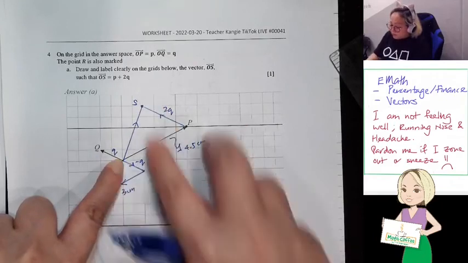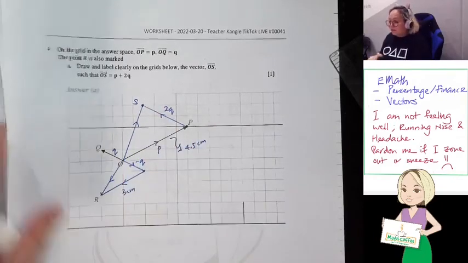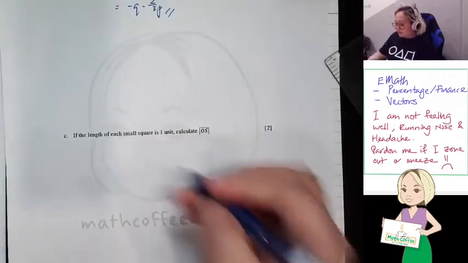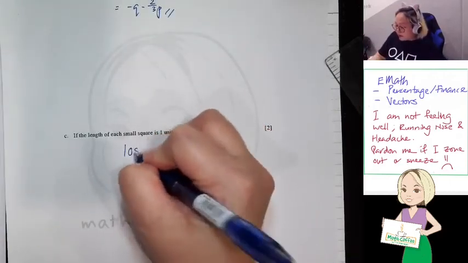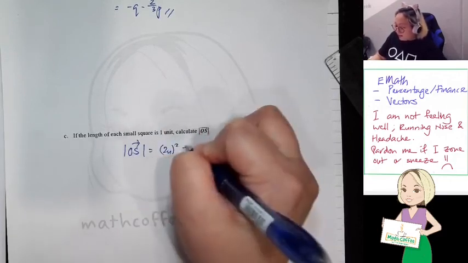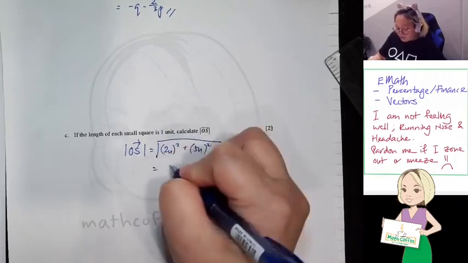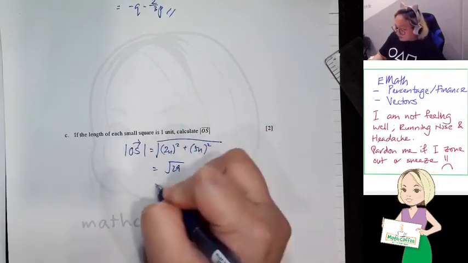Go upwards, 1, 2, 3, 4, 5, so 5 units. To find the length, it's the same as Pythagoras theorem. OS equals the square root of 2 squared plus 5 squared. So we get square root 29.